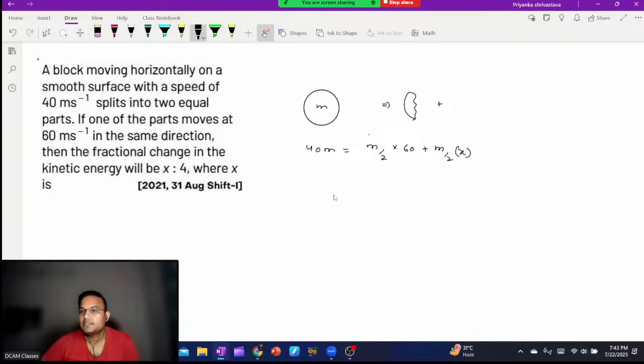Fractional change means final kinetic energy by initial kinetic energy. So that's what I asked, like the ratio? I said final kinetic energy by initial kinetic energy. Final kinetic energy is of these two masses. Oh okay. So 60, then this is m by 2 into 20 meter per second that you have got, the answer. 20 is equal to x. Total, so I have to add both kinetic energies and divide by the initial. Get it?